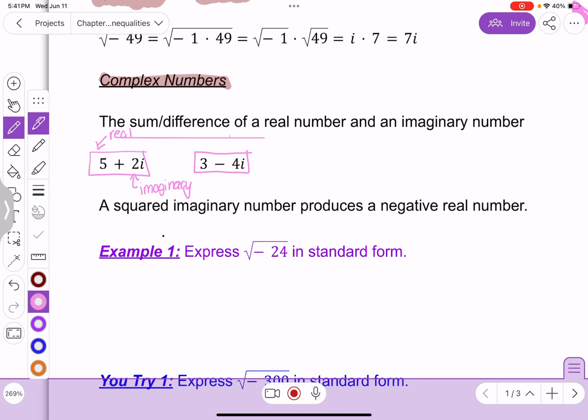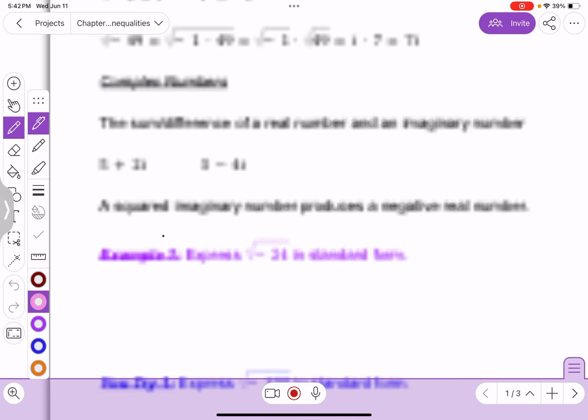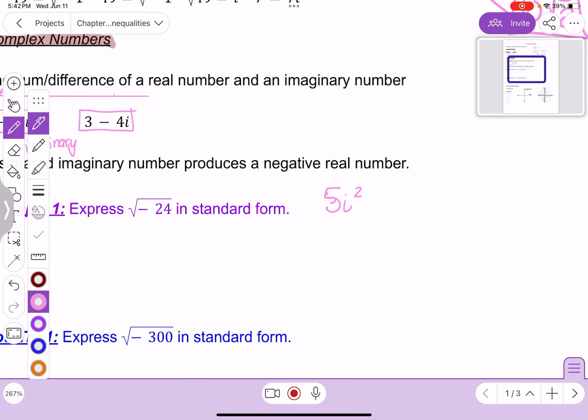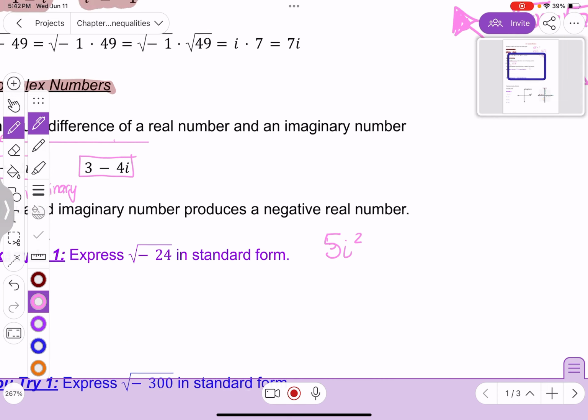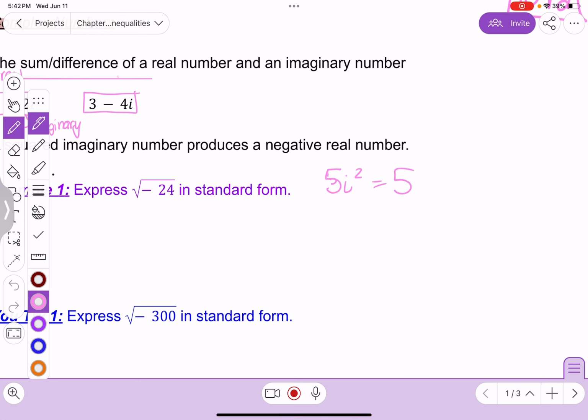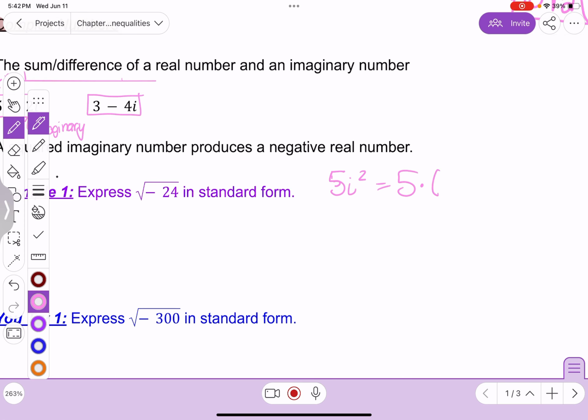A squared imaginary number produces a negative real number. So if you do 5i squared, because i squared is -1, it's like saying 5 times -1, which is -5.